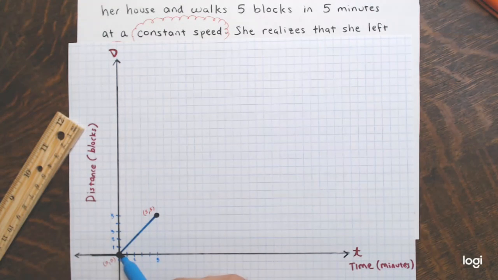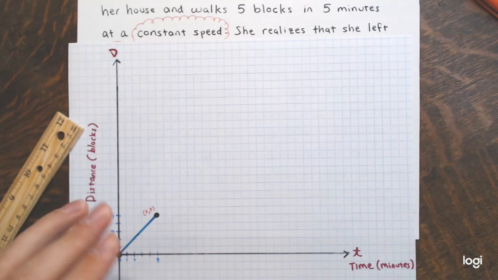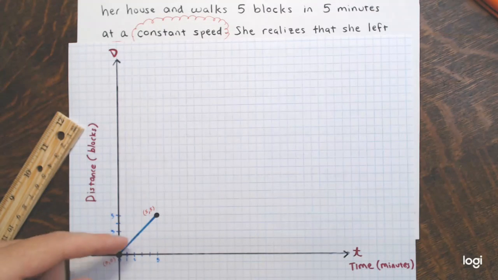So that means she went a block a minute. 1 minute later she was 1 block away. 2 minutes later she was 2 blocks away. 3, 3, 4, 4, 5, 5, right? The same speed the entire time. No faster or slower at any given moment. So usually, if they say somebody's moving at a constant speed, that will be represented on a graph of distance versus time as a straight segment.